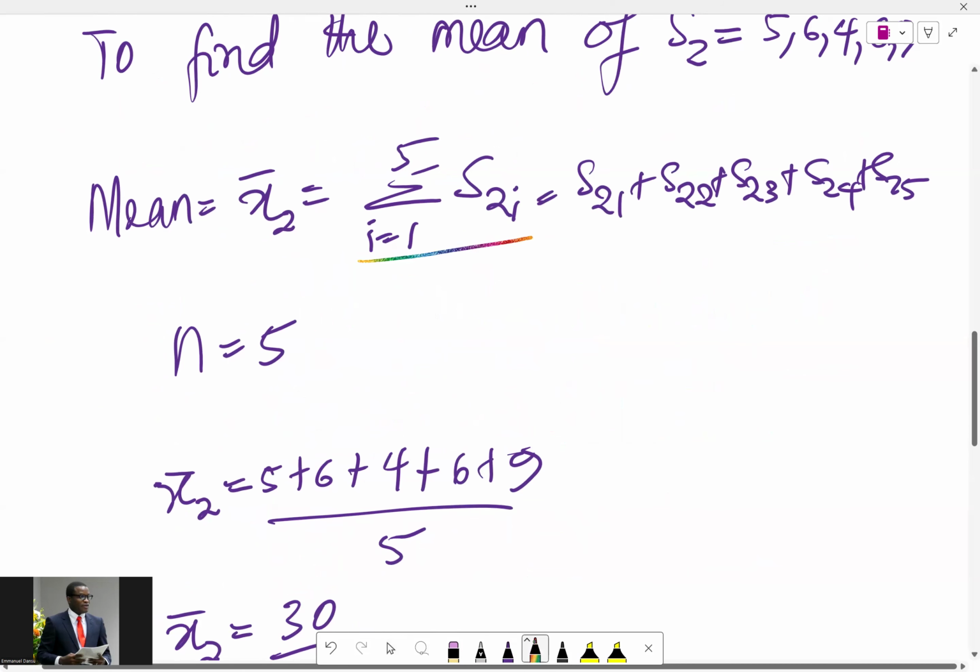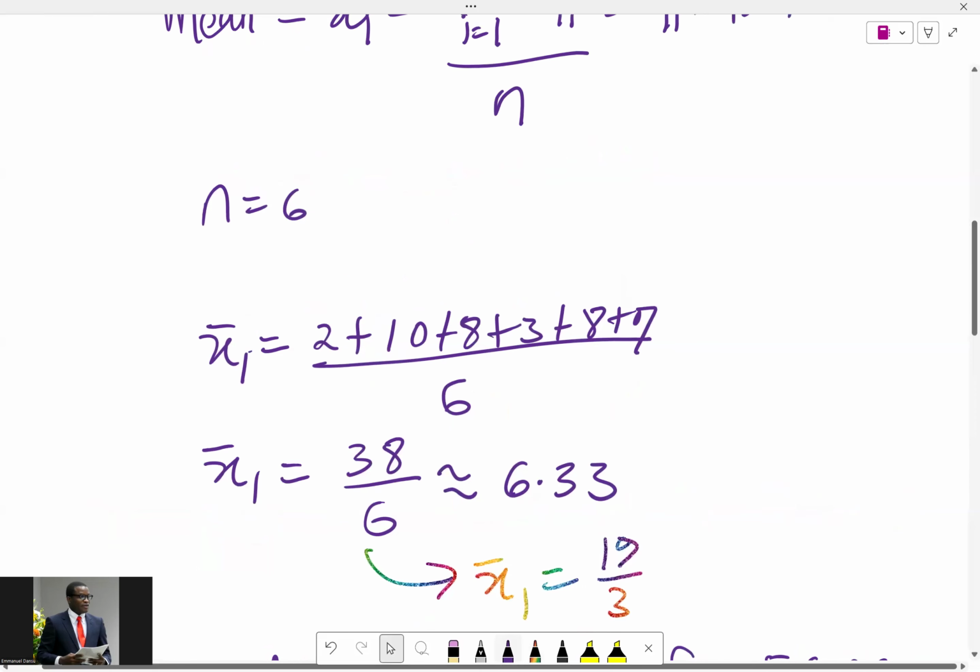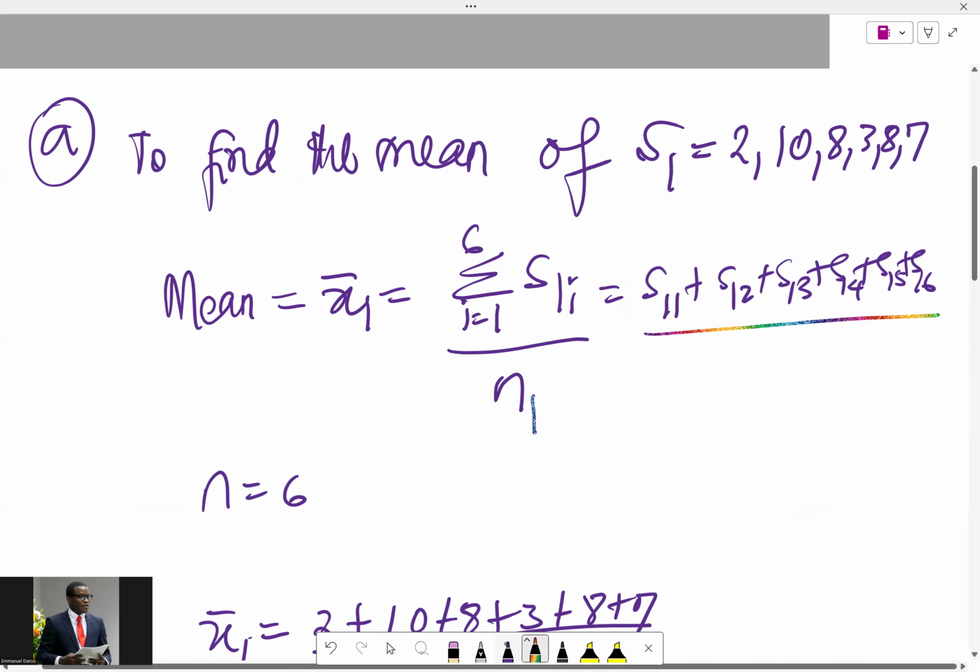So this should be over n1 also. So n1 is 6, like that.